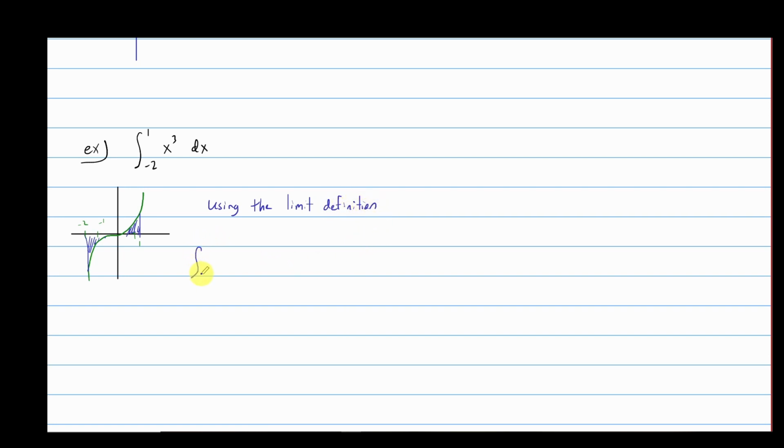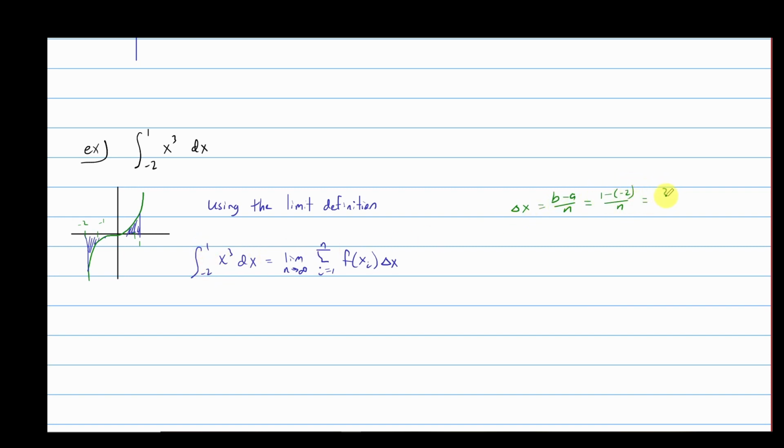So the integral from -2 to 1 of x cubed dx is equal to the limit as n goes to infinity of the sum from i equals 1 to n of f of xi delta x. Let's find our pieces. Delta x is b minus a over n. The b is 1, the a is -2.